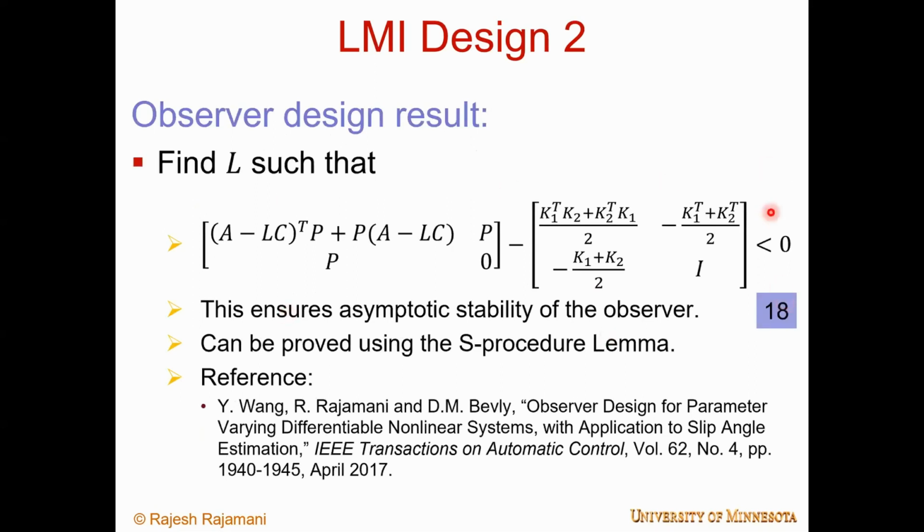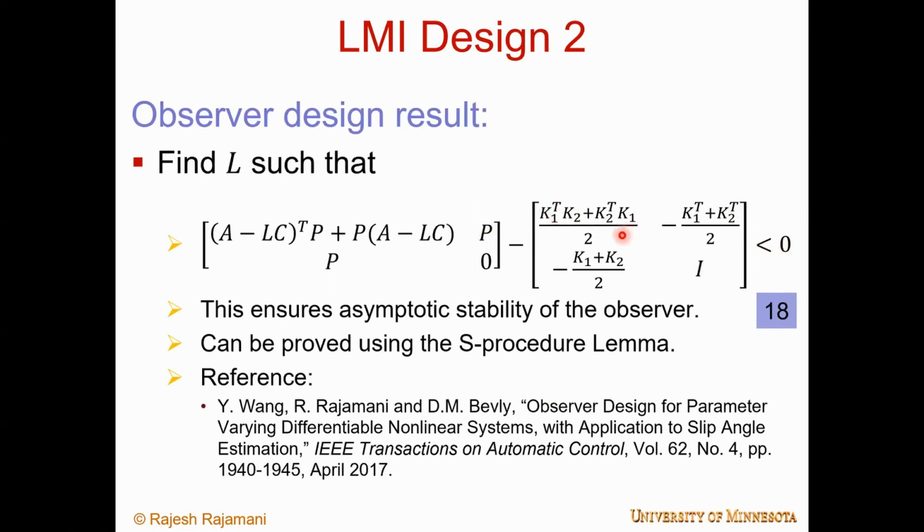If you look at this design condition, here you can see you have (A minus LC) transpose P plus P (A minus LC), and then you have P and P on the off diagonal terms, 0 over here, minus this term. This is the term that came from the constraint on the Jacobian of F. This is less than 0. K1 and K2 are the bounds on the Jacobian.